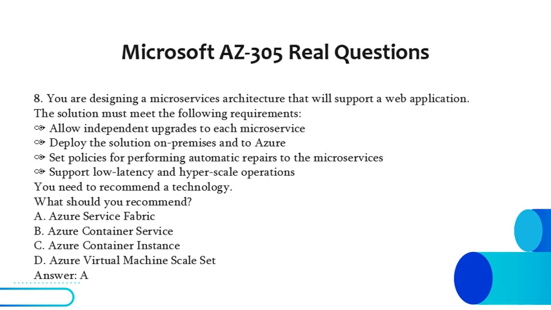Support low latency and hyperscale operations. You need to recommend a technology. What should you recommend? A. Azure Service Fabric. B. Azure Container Service. C. Azure Container Instance. D. Azure Virtual Machine Scale Set. Answer: A.